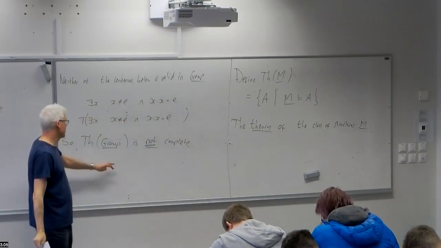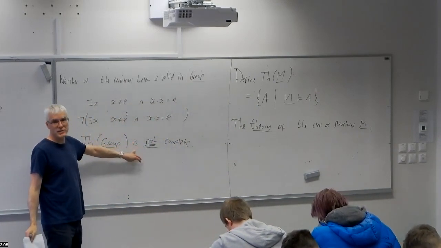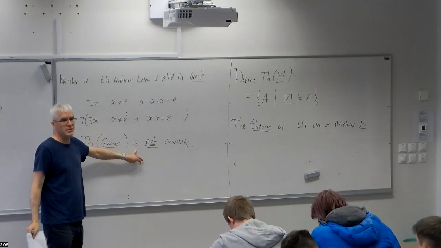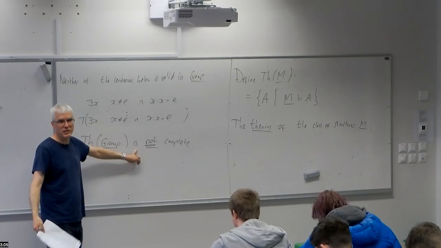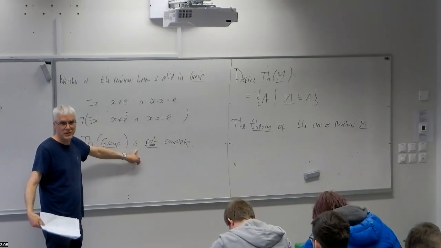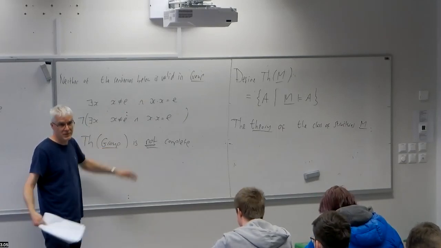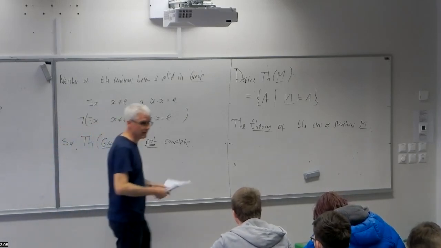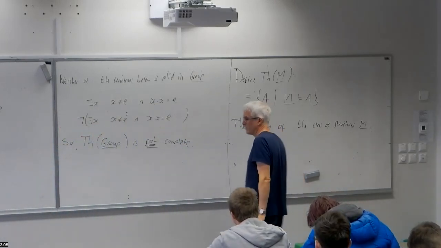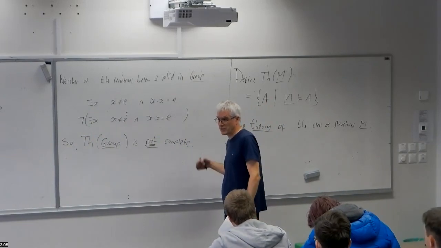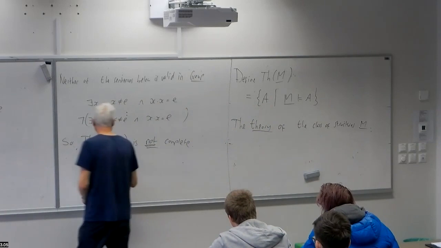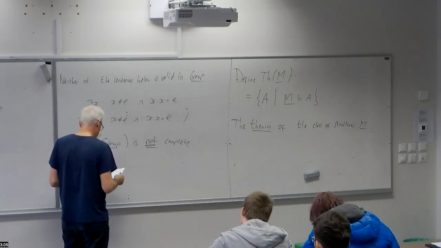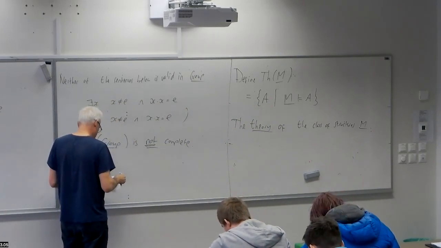Whereas the theory of an individual structure is always complete, the theory of a collection of structures does not need to be complete. Sometimes it is complete, sometimes you do have a collection of structures that all happen to satisfy exactly the same sentences. But in general, the theory of a collection of structures is not complete.